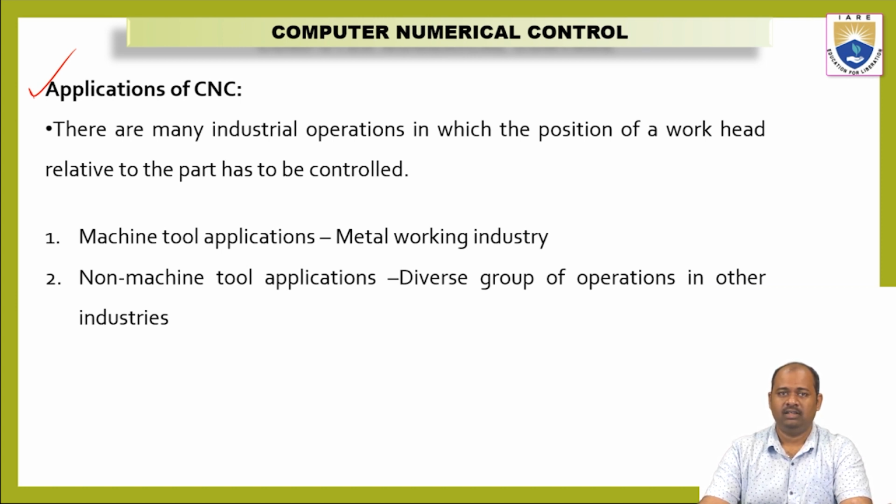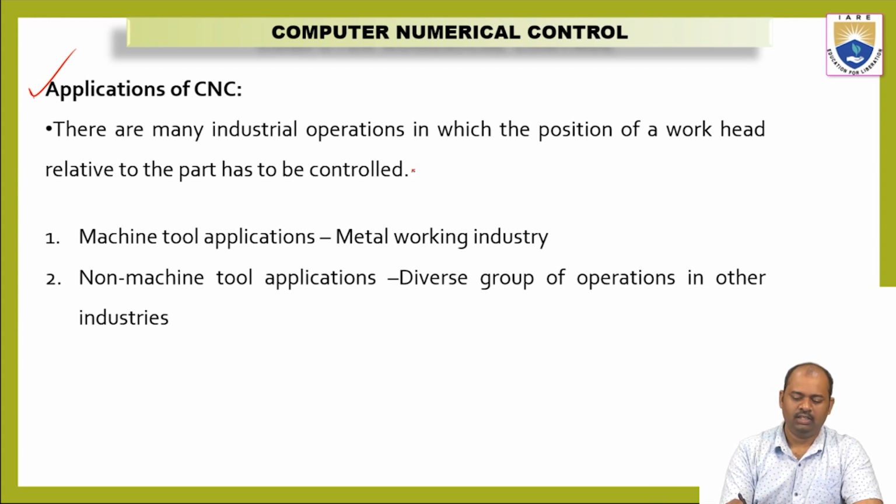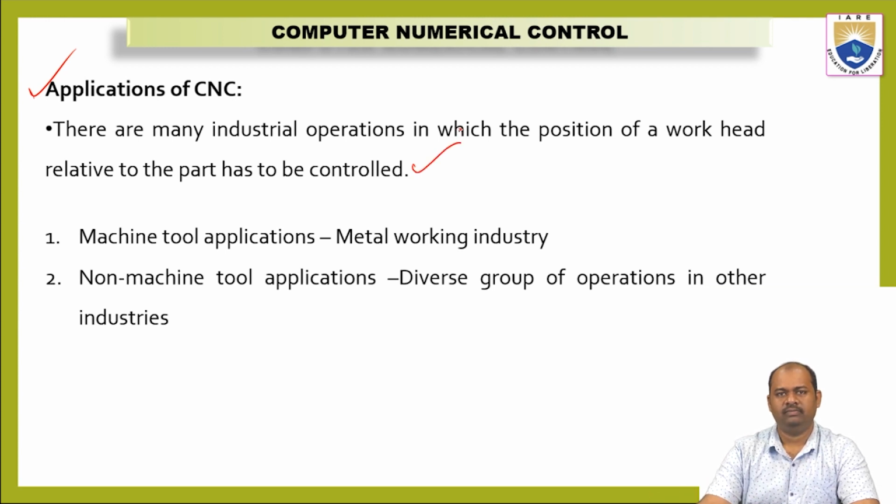Particularly, since we are discussing a course on mechanical engineering, we will be discussing manufacturing processes, where we use machines like the lathe, with turning, milling, and drilling operations, where we have to control the position of the tool relative to the workpiece. That is why CNC machines are very widely used in industries, because they can produce a large number of products in less time compared to human beings, and they can produce the objects precisely.